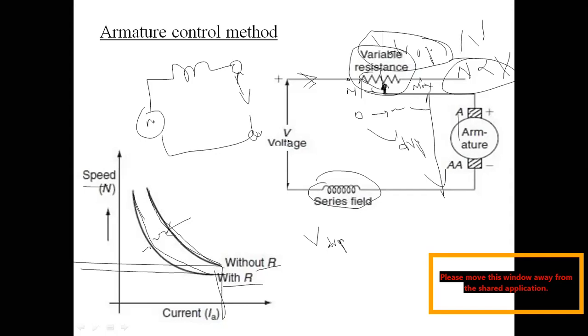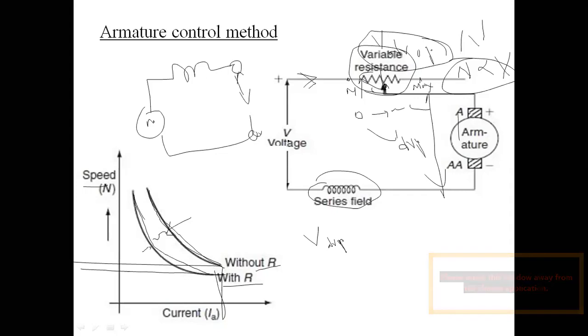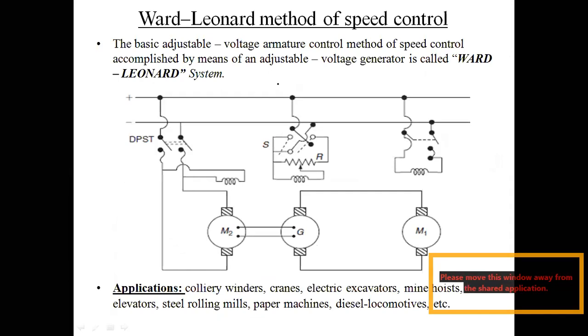Here only one method is used for controlling the speed. For controlling a DC motor, not only the DC series or the DC shunt, we have one best method. That system is the Ward-Leonard method, or system, for controlling your speed.